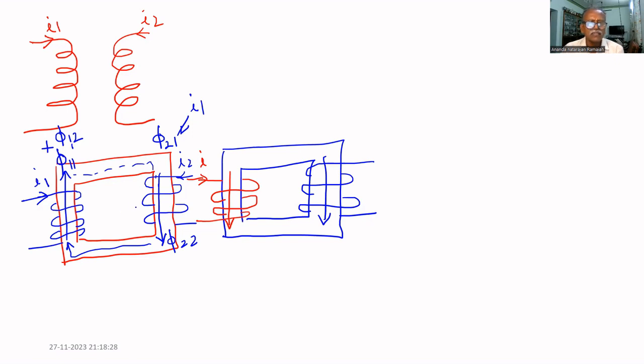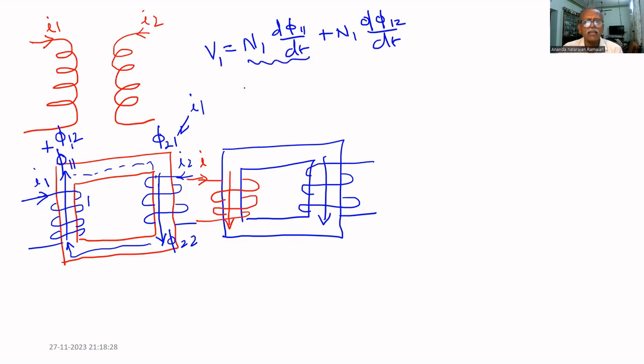In that case, how will we find V1? V1 equals N1 d phi11 by dt plus N1 d phi12 by dt.